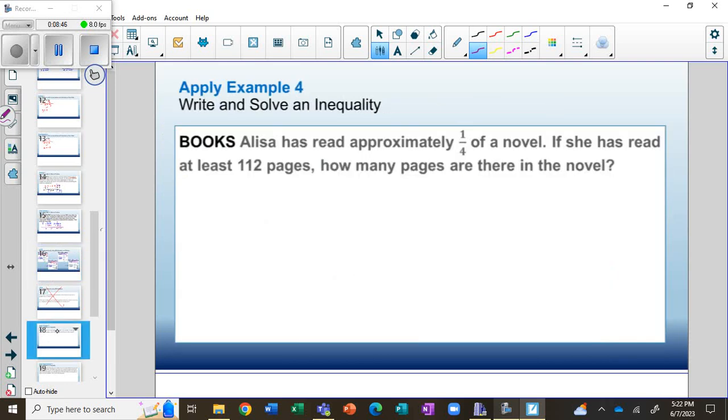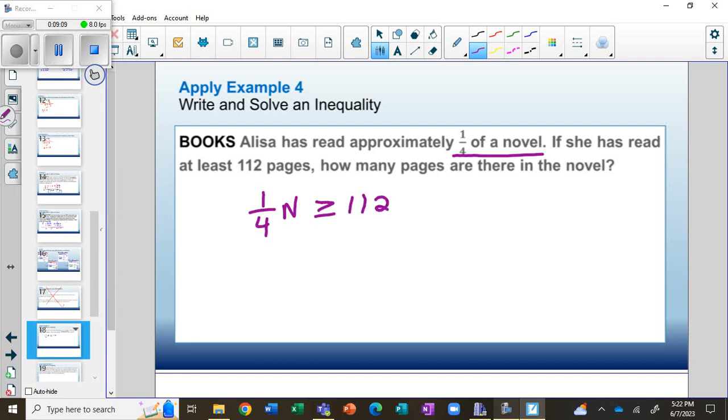So our first example, Alyssa has read approximately 1/4 of the novel. If she has read at least 112 pages, how many pages are there in the novel? So 1/4 of the novel, that would be 1/4 of means multiplication, and I'm going to use n for novel. If she has read at least, that means it cannot be smaller than 112.